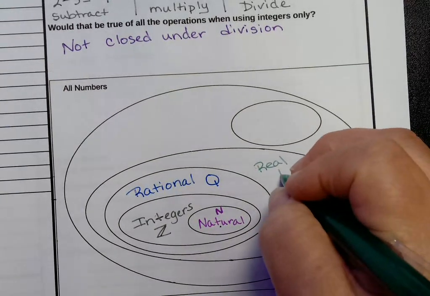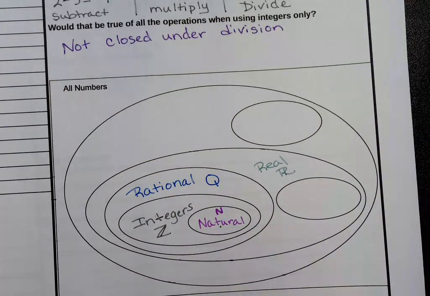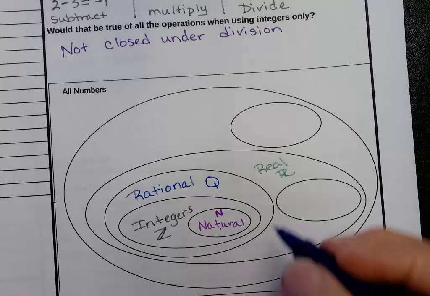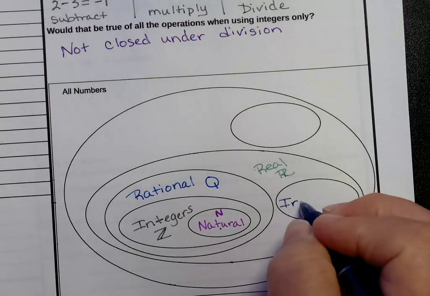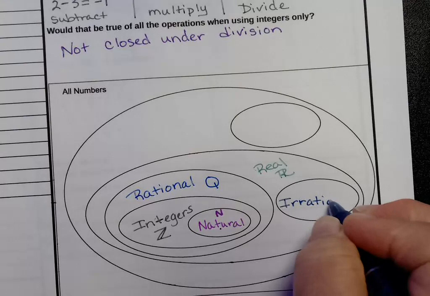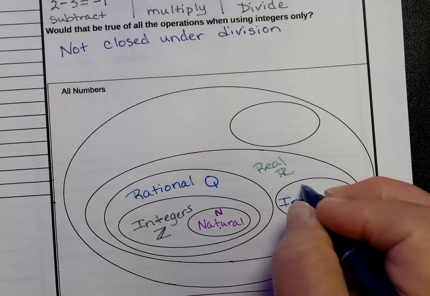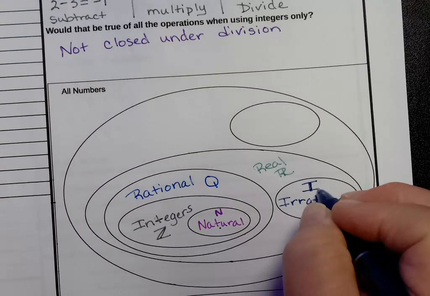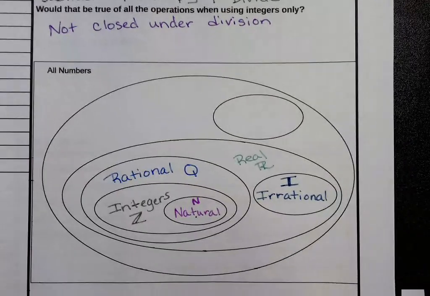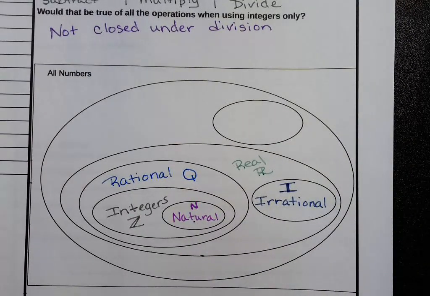Real numbers is that funny looking R. There's one set that is a subset of the real numbers, but it is not rational. What would it be called? If it is not rational, it is called irrational. And that is your I with that funny looking extra line in here. Okay, so these are the ones we normally work with.